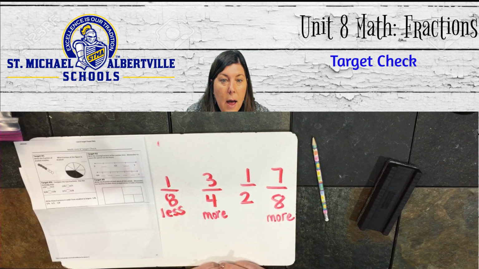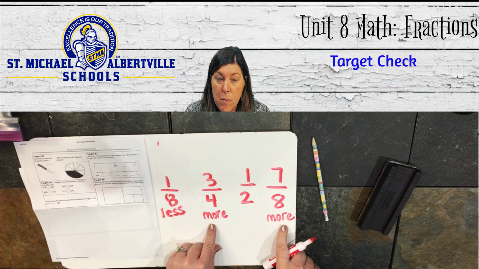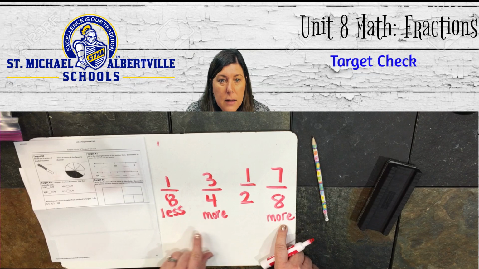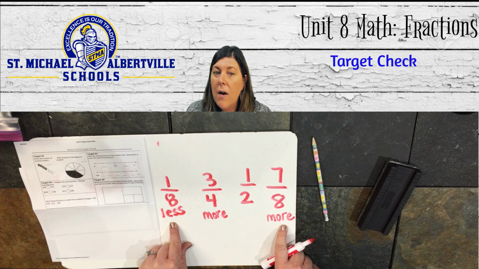Now look, I only have one fraction that is less than a half, and I have 2 fractions that are more than a half. So when you do this target check, if I am putting them from smallest to largest, I automatically know this one is the first one. This is the smallest.